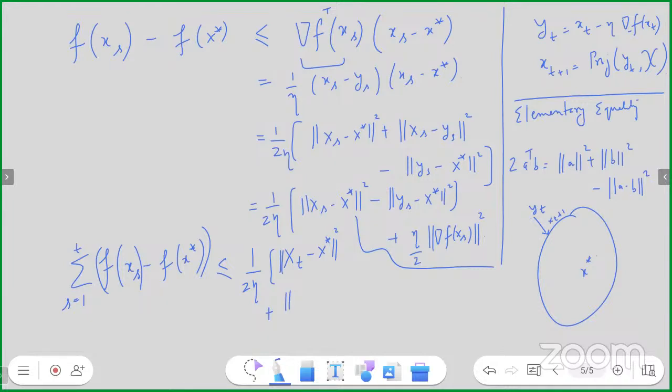Which one should survive? Yeah, minus ys is y1. Minus, no, there will be plus. We'll fix it in a minute. And this will come as it is, in summation.